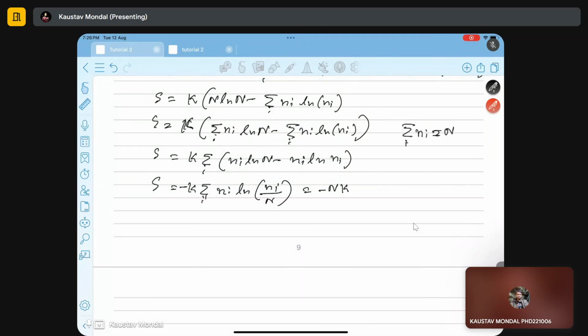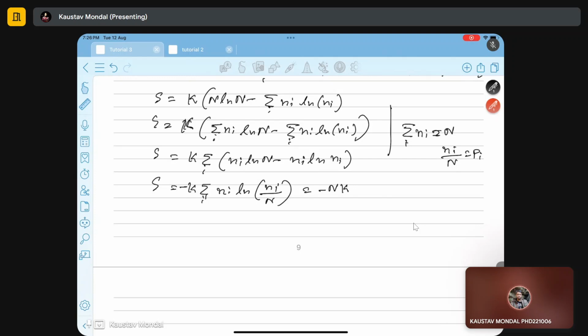So here, this would become Nk. Now this Ni upon n is nothing but the population fraction, right? So this we have written as Pi, the population fraction in an ith energy state, right?